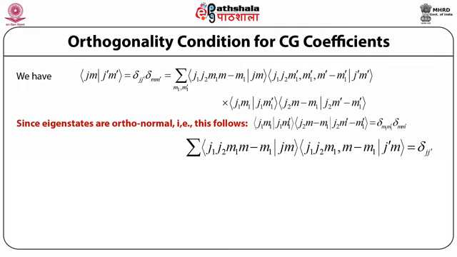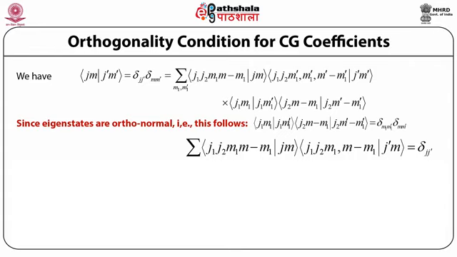We get the relation: summation over m1 of <j1 j2 m1 M−m1|J M> <j1 j2 m1 M−m1|J' M> is equal to delta J J'.